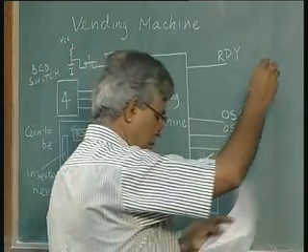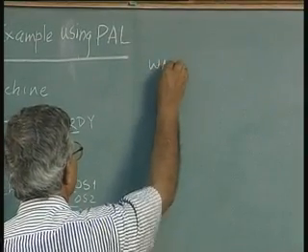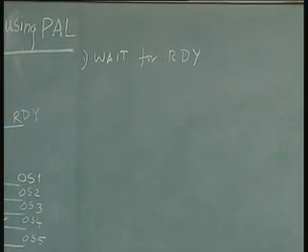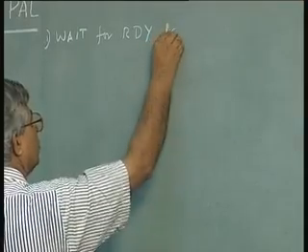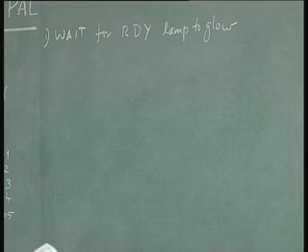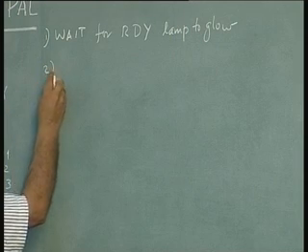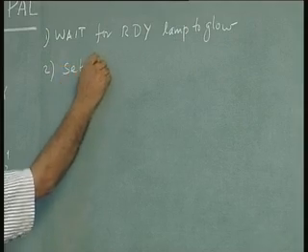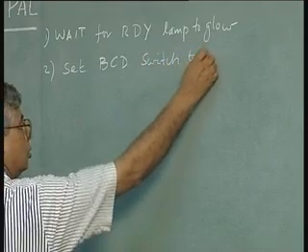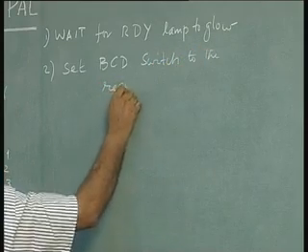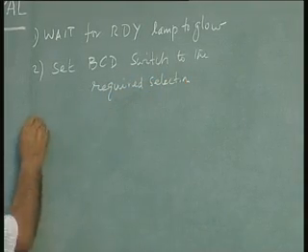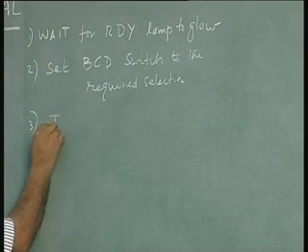So, the way it works is, as I said, the mechanism is: wait for ready lamp to glow, set the BCD switch to the required selection, insert the coin.